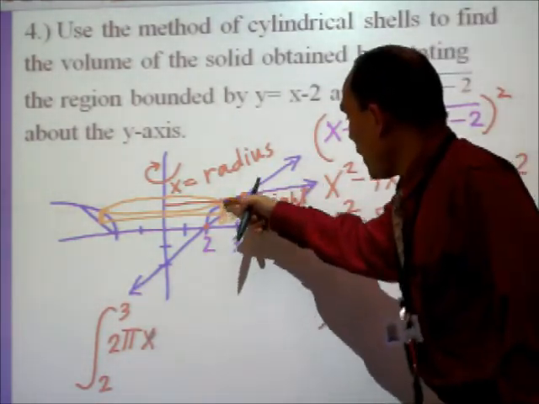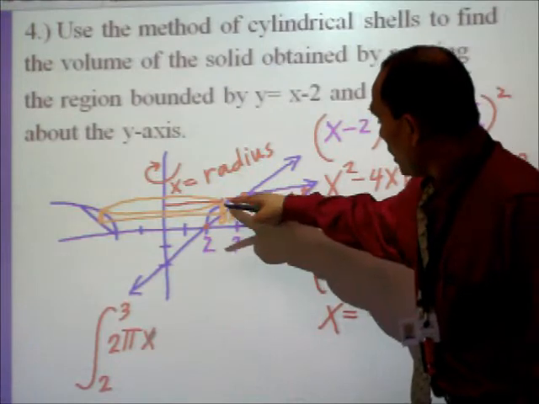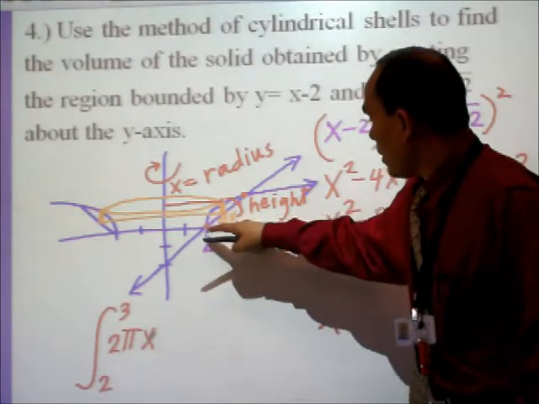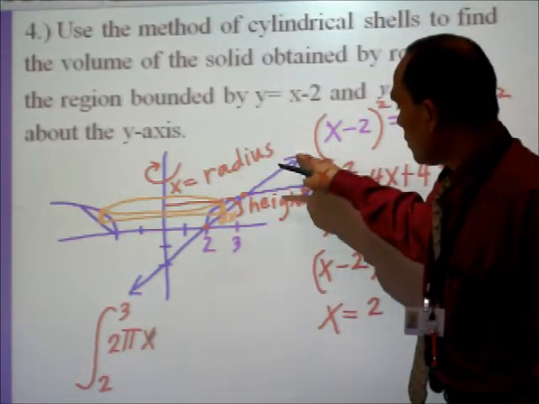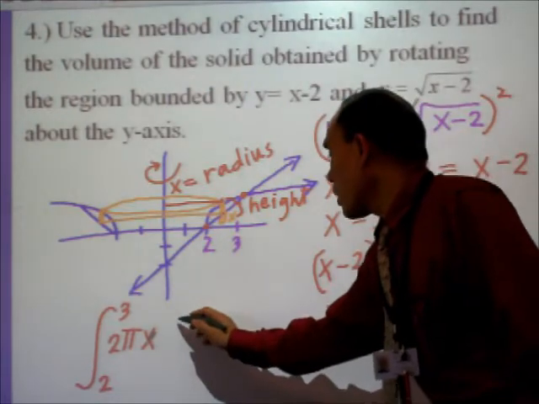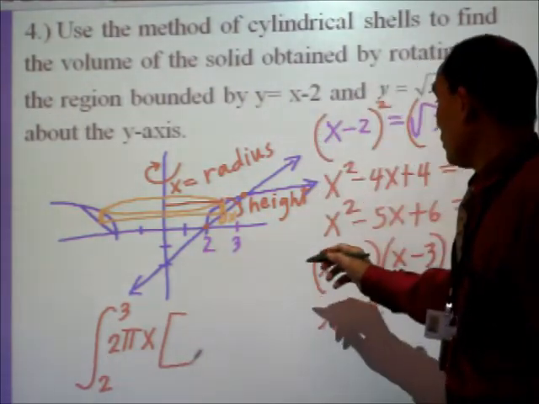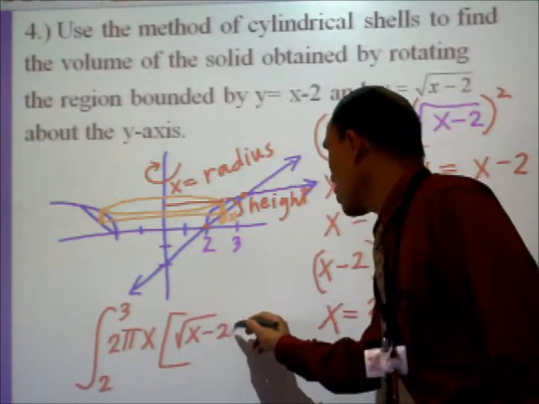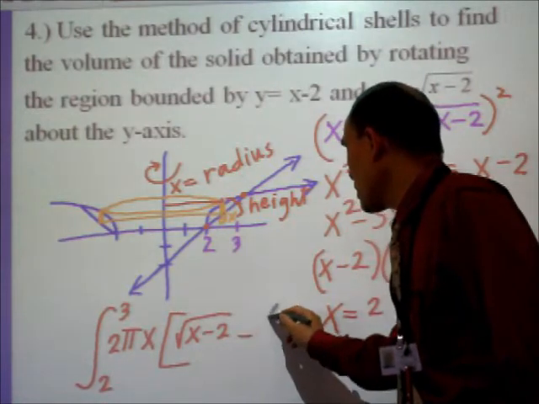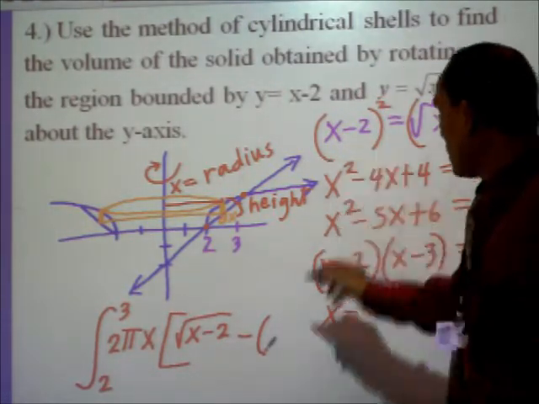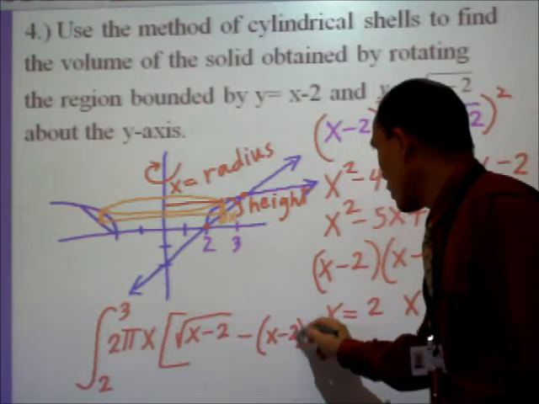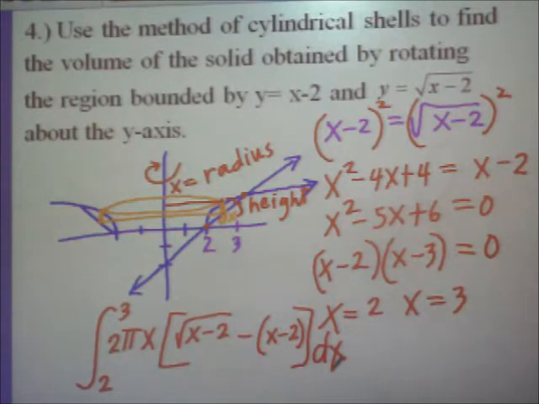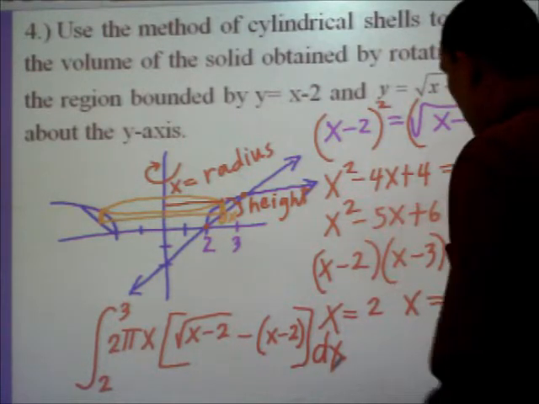So to find the height here, we are going to take the upper graph minus the lower graph. So the upper is square root of x minus 2, minus the lower graph, which is just x minus 2, and then dx. Okay, we already set up our solution to this.